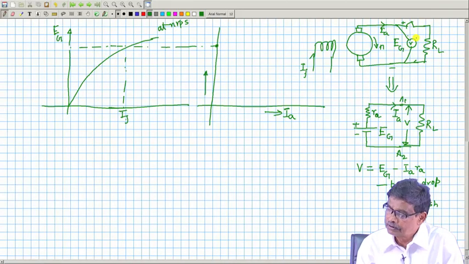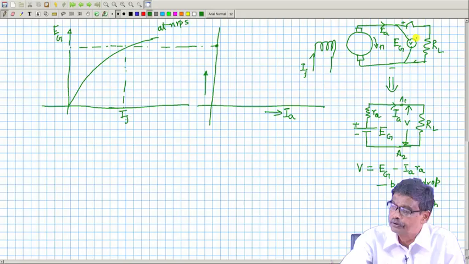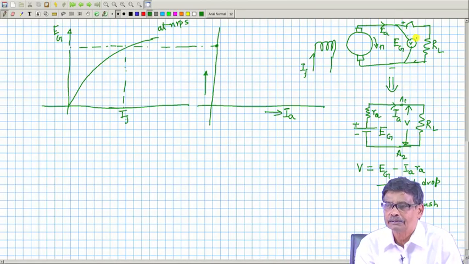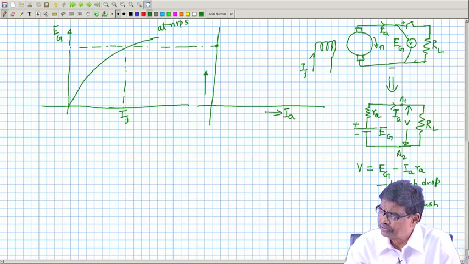Instead, what people try to find out is the voltage drop per brush. No matter what armature current you draw, with larger current the resistance is smaller. Therefore, the voltage drop across the brushes, which is the resistance of the brushes into armature current, will perhaps remain fixed. That is the idea. So, some brush drop is taken.